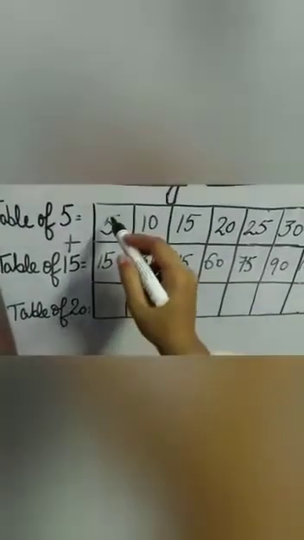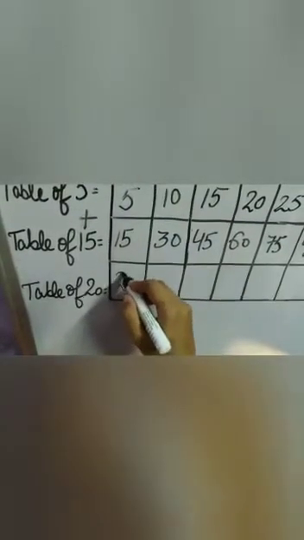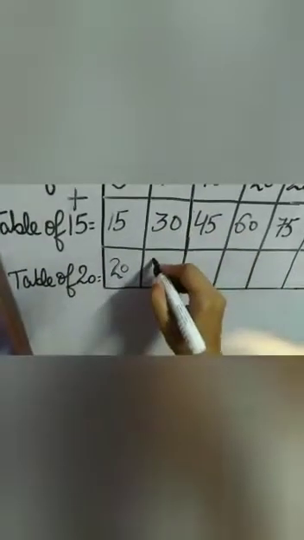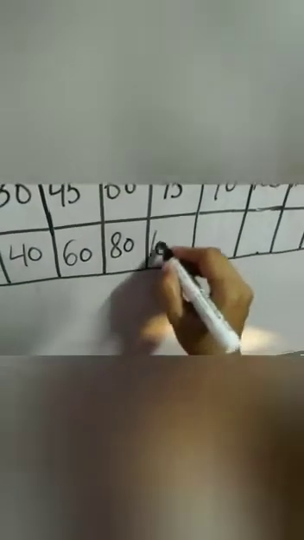So let's start adding. 15 plus 5 is 20. Then 10 plus 30 is 40. Then 15 plus 45 is 60. 20 plus 60 is 80. Then 75 plus 25 is 100.